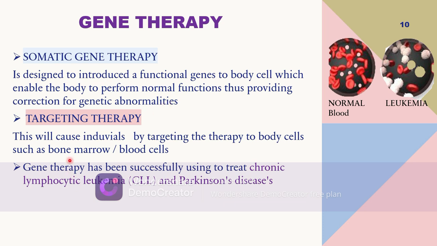The second is targeting therapy, used on body cells such as bone marrow and blood cells. Gene therapy has been successfully used to treat chronic lymphocytic leukemia. As in the picture I pasted here, normal blood looks like this, and leukemia blood looks as if the whole blood is white, with only rarely a red color present.